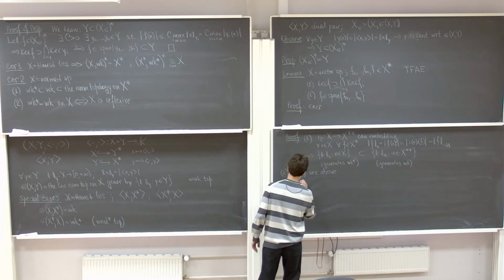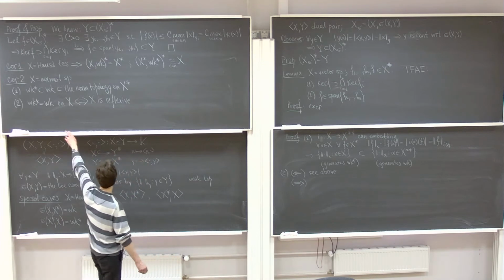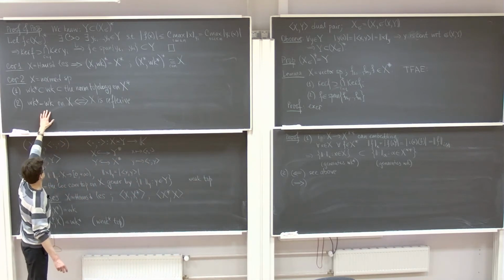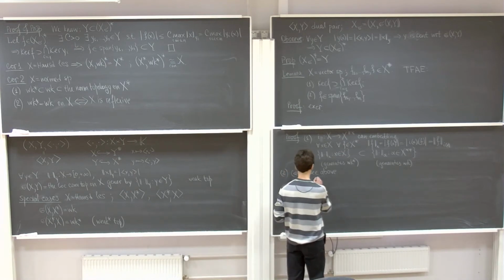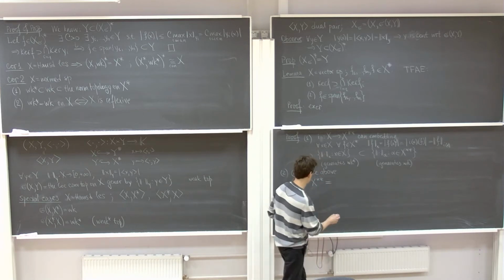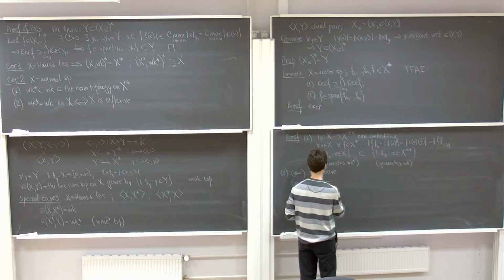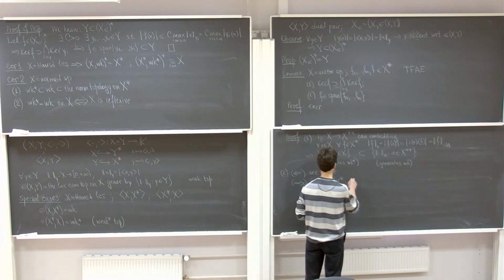And to prove the left to right implication, we do the following. So we assume that these two topologies are the same, and we look at the bidual of X, X double star, and we apply corollary 1. By corollary 1, this can be written as follows. We replace the norm topology on X star by the weak topology, but the dual is still the same.